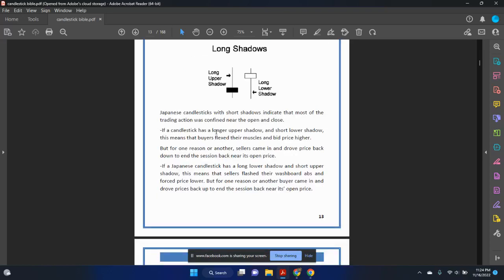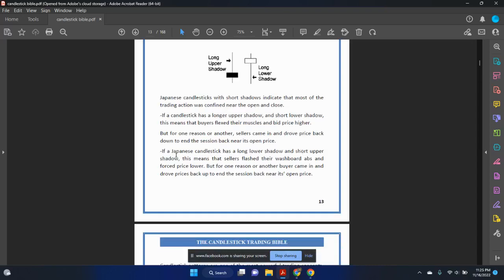If a candlestick has a longer upper shadow and short lower shadow, this means that buyers flexed their muscles and bid price higher. But for one reason or another, sellers came in and drove price back down to end the session back near its open price. If a Japanese candlestick has a long lower shadow and short upper shadow, this means that sellers splashed their washboard abs and forced price lower.